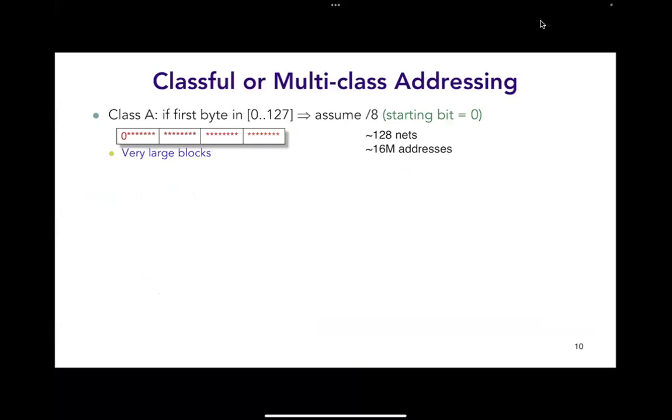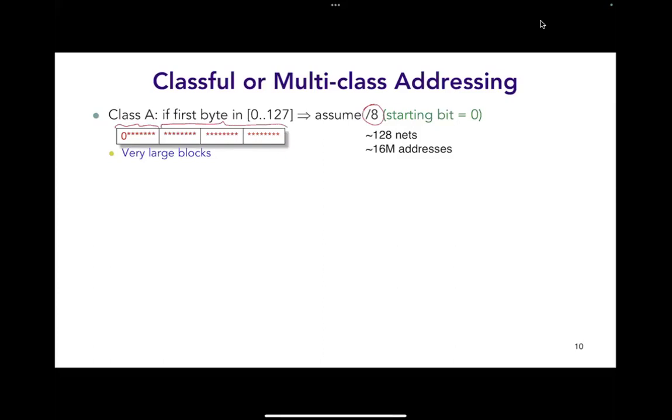Class A IP addresses have this /8 kind of addressing, which means the first 8 bits represent the subnet or network portion, and the last 24 bits represent the host portion.